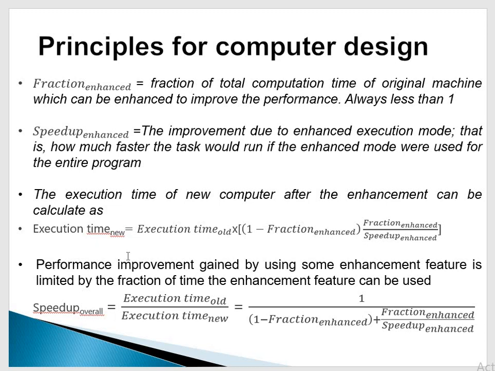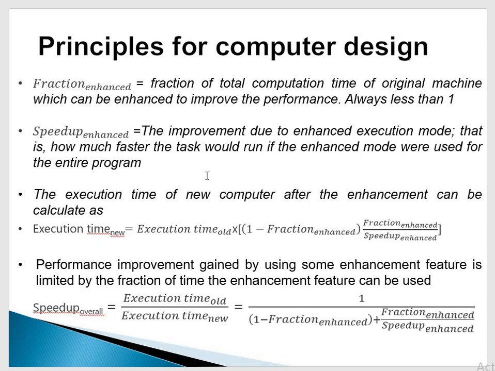Okay, so now what is the speed up? It is another parameter which is called speed up enhanced. This speed up enhanced is called as improvement due to the enhanced execution mode.